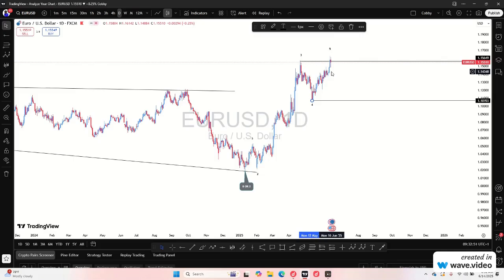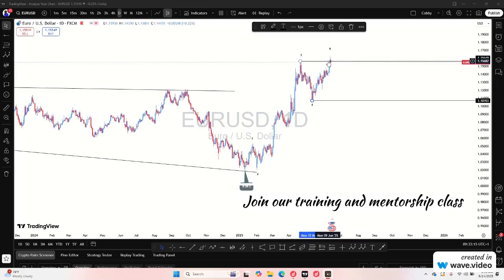This is when we switch to our mass psychology concept. Most people will be anticipating more push to the upside, but over here the market will play, whereby we are waiting for either a double top or a head and shoulders or any reverse upward.